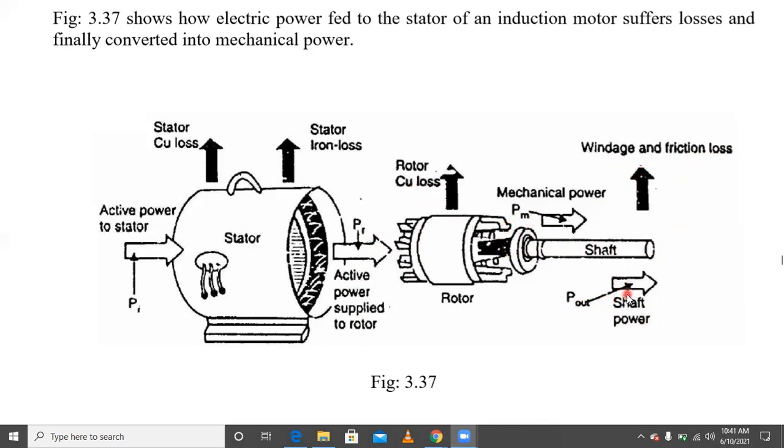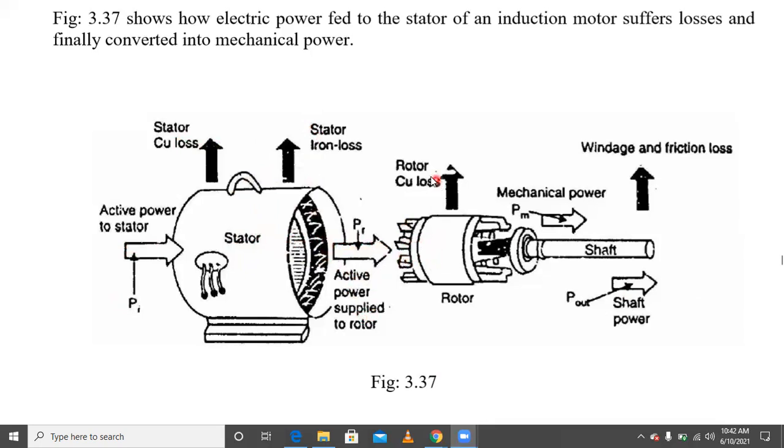It's clear. So first, input power minus the stator losses is called stator output, otherwise rotor input, also called air gap power. That power is denoted by PR. The losses here are nothing but stator copper loss and stator iron loss. Stator output is also called rotor input and air gap power.